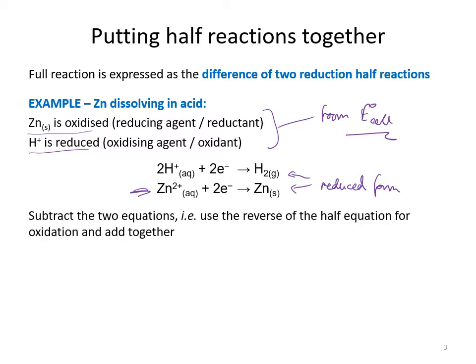So what we do is say the one that's going to be reduced minus the one that's going to be oxidized. The one that's going to be reduced is 2H+(aq) + 2e- goes to H2, so that's fine, that's written the right way around.